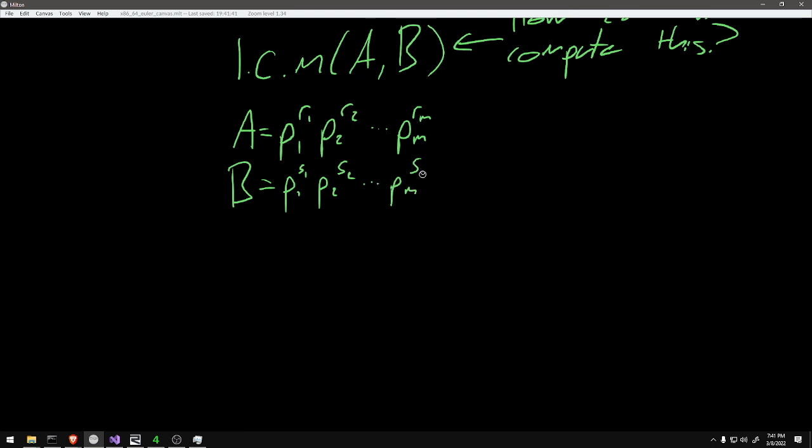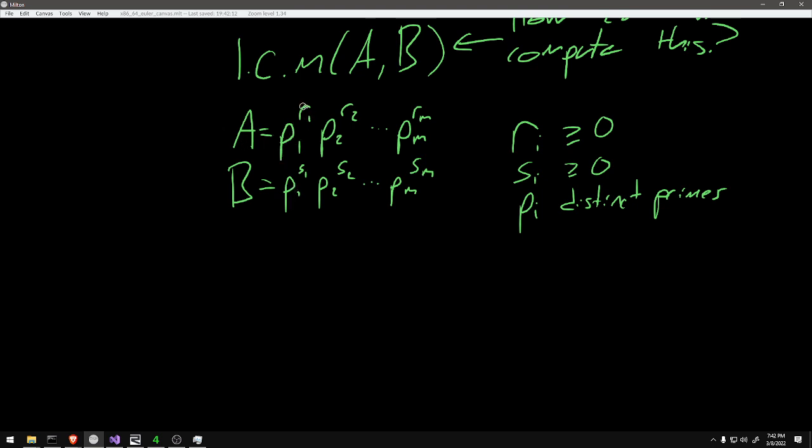So the r sub i is greater than or equal to 0, the s sub i is greater than or equal to 0, and the p sub i are distinct primes. The reason I'm saying that it's greater than or equal to 0 is that some of these, like A, might not use prime 1, but B does.